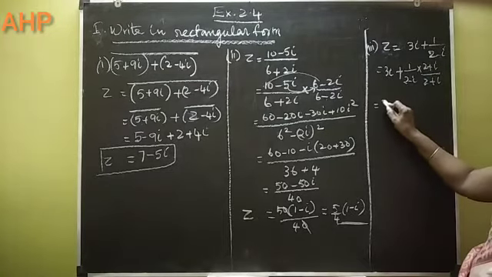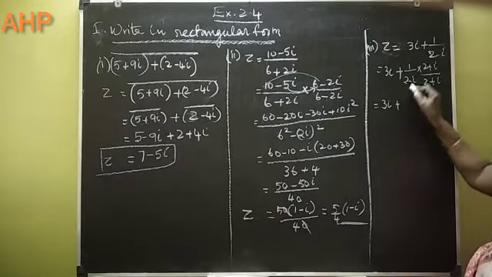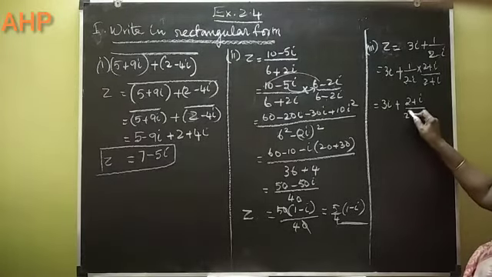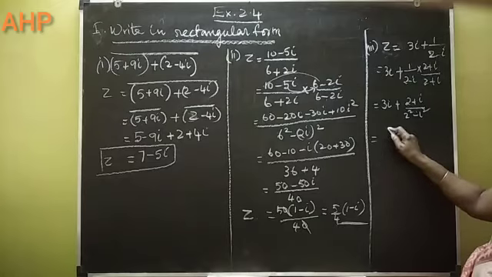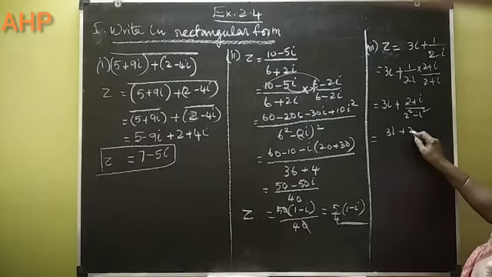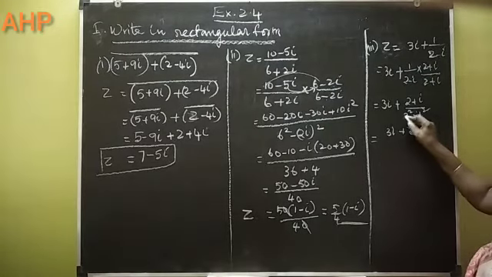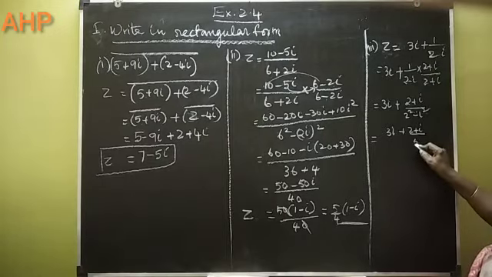So this is equal to 3i plus (2 + i) divided by 2 square plus, okay, minus i square, otherwise plus 1. So this is equal to 3i plus (2 + i) divided by 4 + 1, 5.